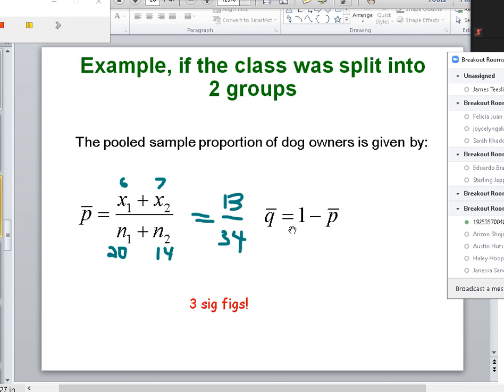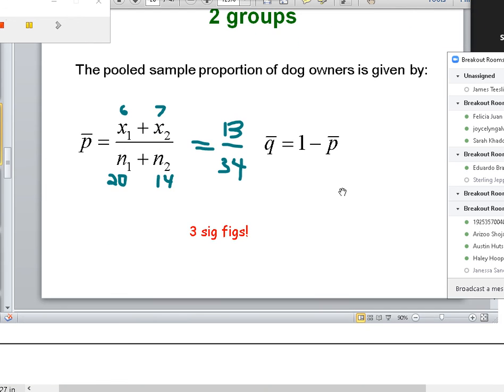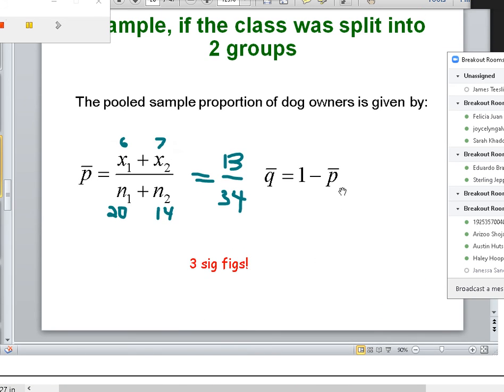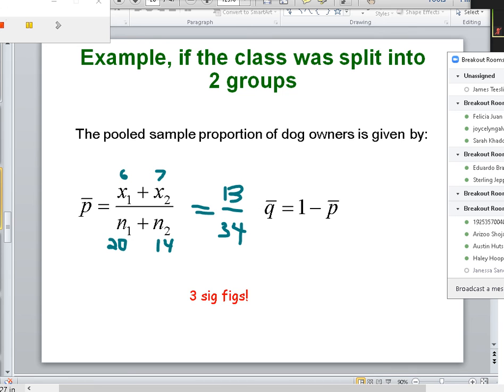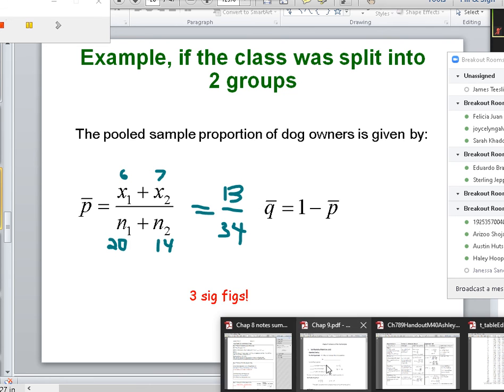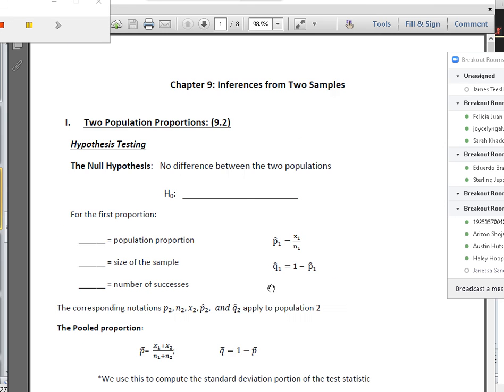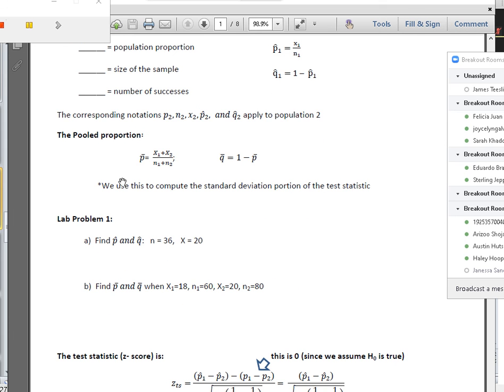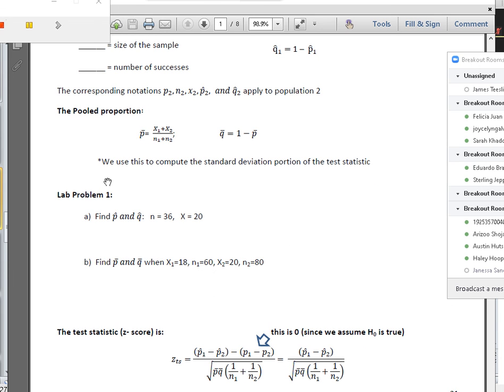Your lab problem 1. It's right here. Right, Iswala? So yeah, if you don't have the notes, like James, I think you don't have the notes, it's right here. Here it is.